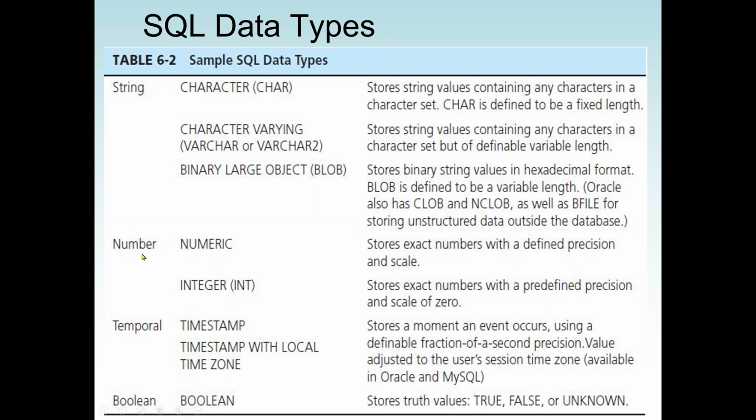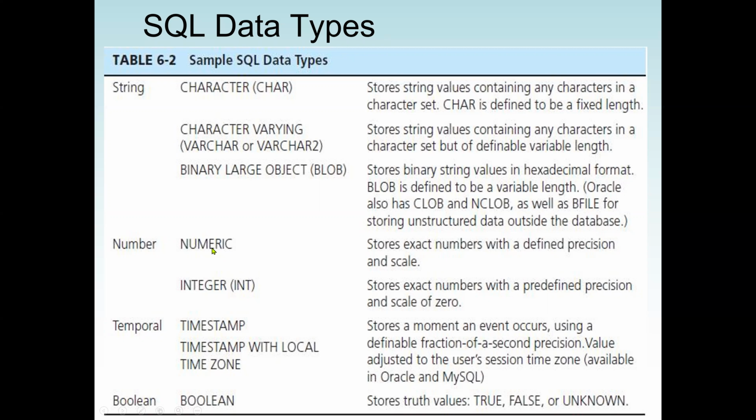We also have the number type, which is NUMERIC. This will be values, let's say 100, 200, 7, etc. So for the data type, we use NUMERIC, or we can use an INTEGER. Integer means we are going to store exact numbers with a predefined precision, and the scale has to be 0.